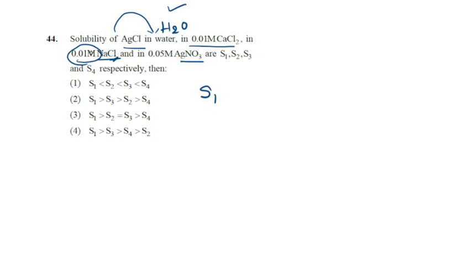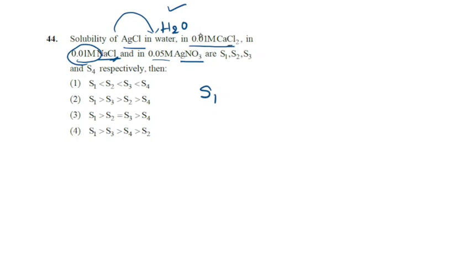So in the less concentrated common ion solvent, the solute solubility is more. If we consider the Cl minus, only one Cl minus ion is there, so 0.01 molar, which is less when compared with 0.05. And what about this one?